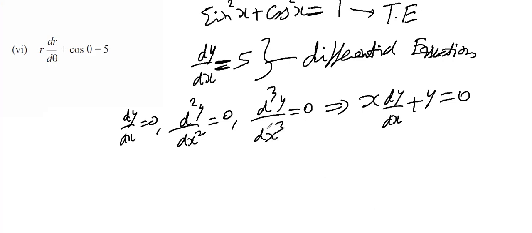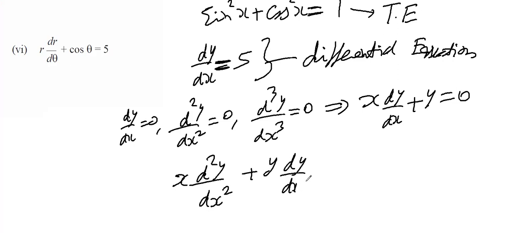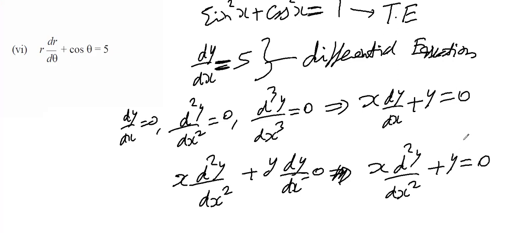You can even have other differential equations like x d square y by dx square plus y dy by dx is equal to 0, or x d2y by dx square plus y is equal to 0.